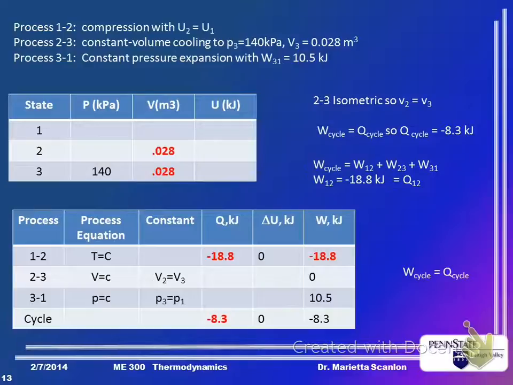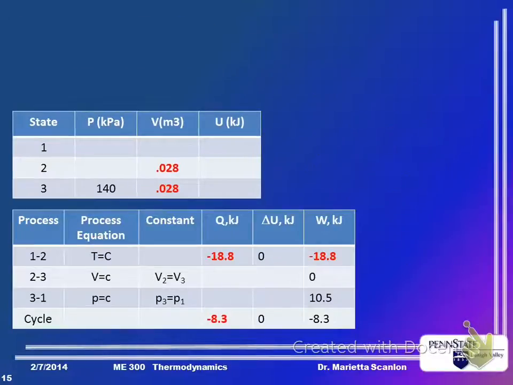You can pull P out, and it's from 3 to 1, so your upper limit is 1 and your lower limit is 3. So you get that 10.5 kilojoules equals the integral of P dV from V3 to V1, pulling P out. You can solve for V1 because it's the only unknown in that equation.